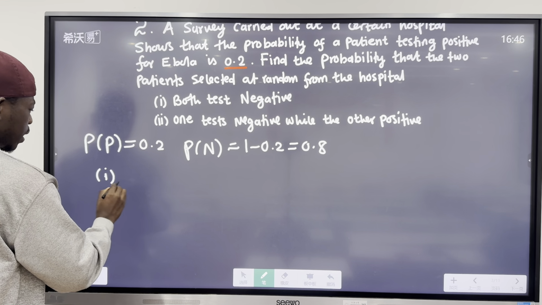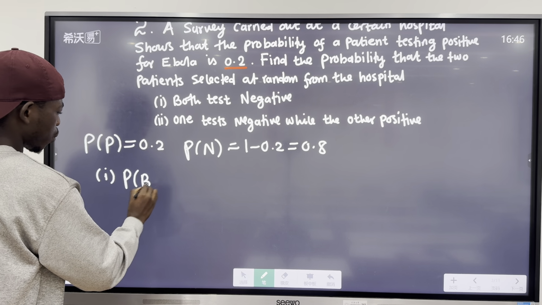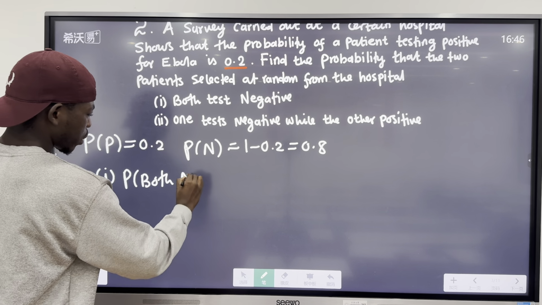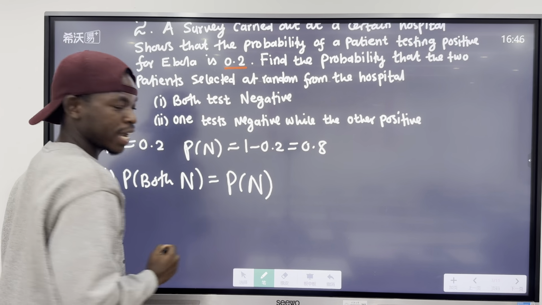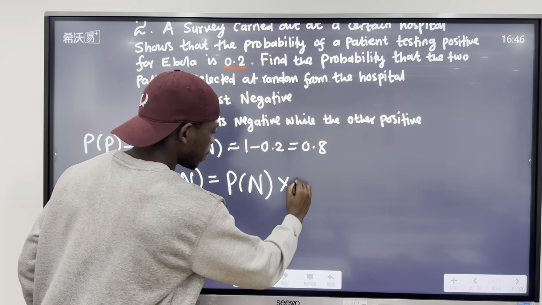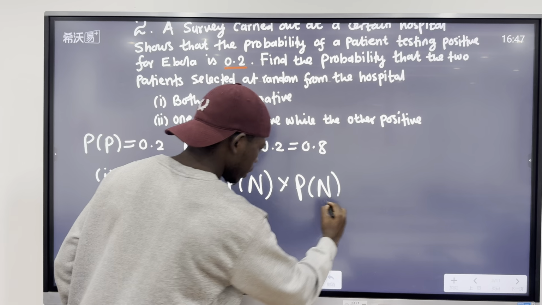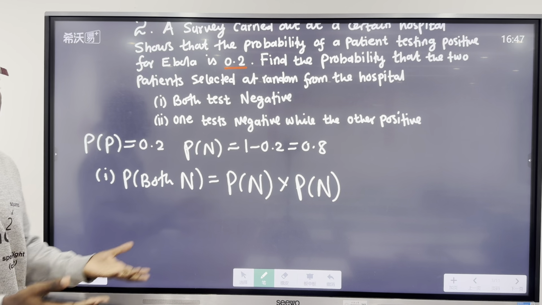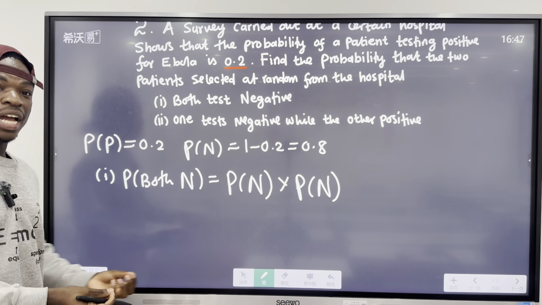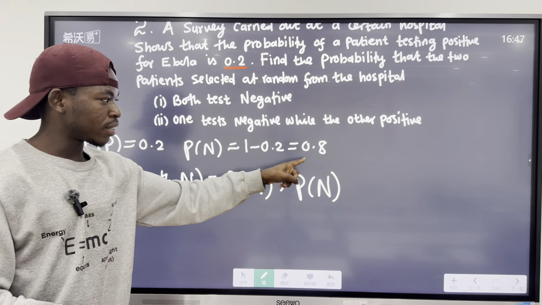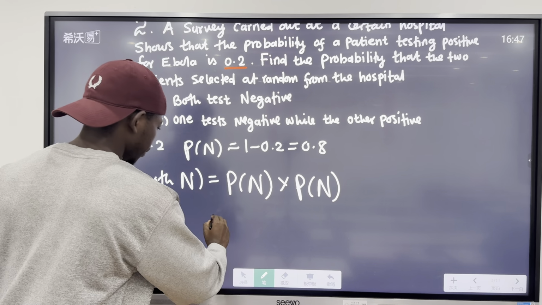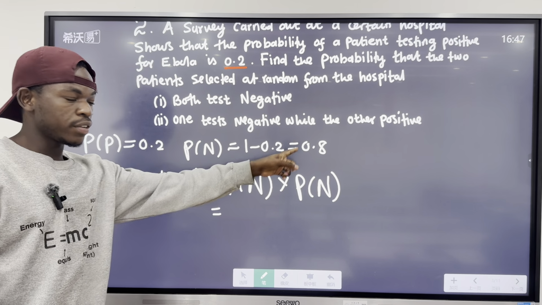If both test negative, we shall say the probability that both are negative, both N, will be equal to the probability of the first patient being negative multiplied by the probability that the second patient is also negative, because they've said both patients negative. The probability of testing negative is 0.8.